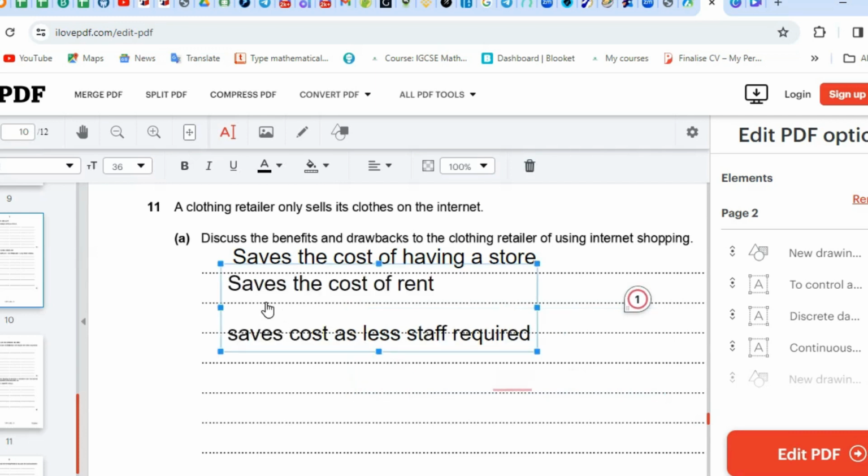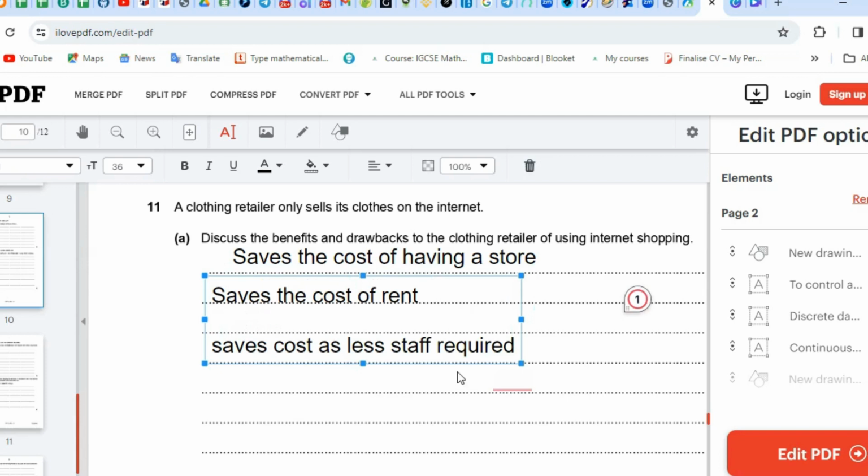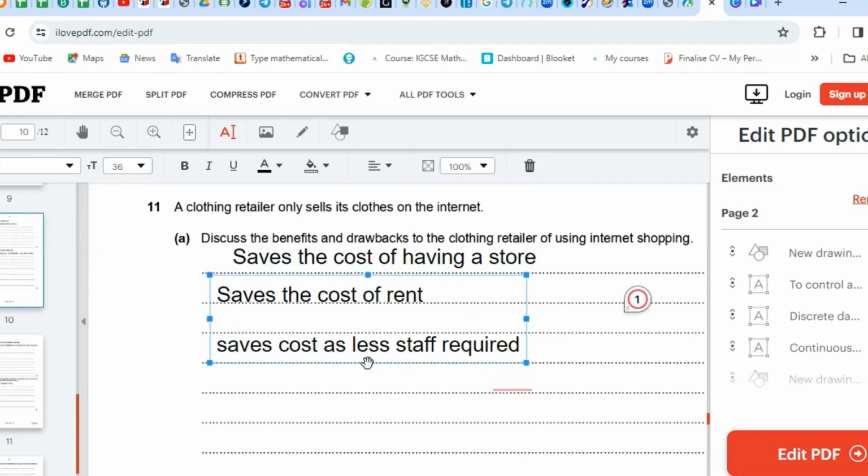The number one drawback is reliance on technology. You are selling over the internet, so you will need to rely on technology.